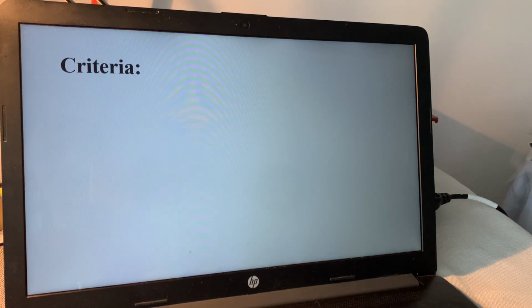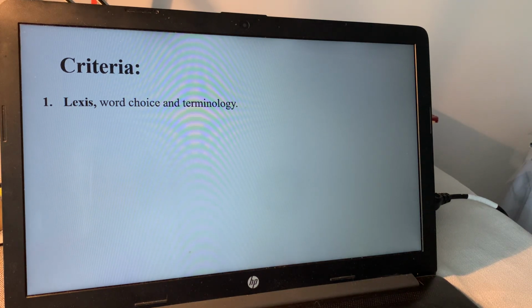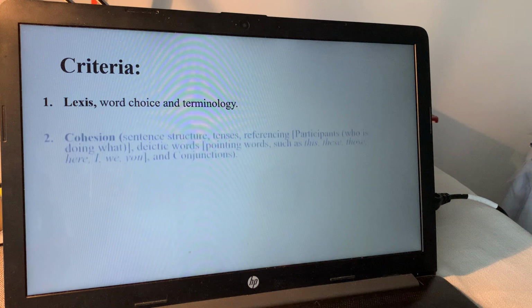But before we do that, we'll look at the criteria. Very important to know what standards we are using to assess the ST or the TT for that matter. Now, first of all, we have lexis, which means the choice of words and the terminology.